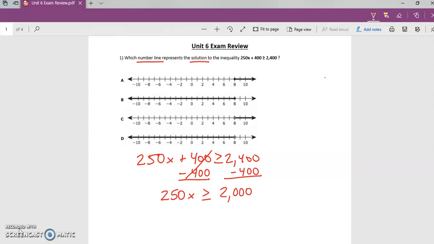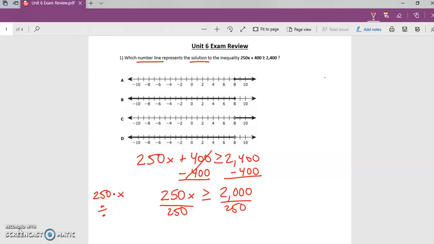Okay, so now I have the coefficient with the variable and the ending amount, but I don't want the number with the variable, so I have to get rid of that. Right here we're multiplying 250 times x, so I want to do the opposite of that and do the division. So I'm going to divide both sides by 250.